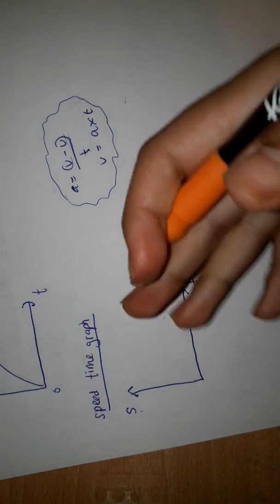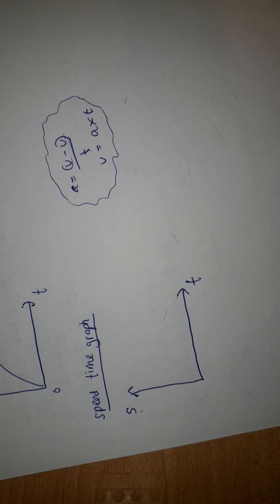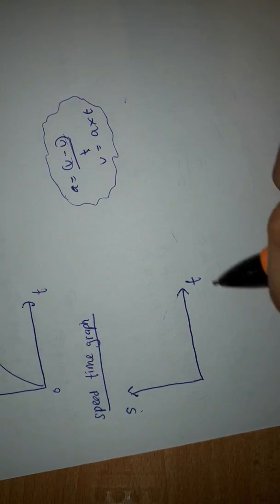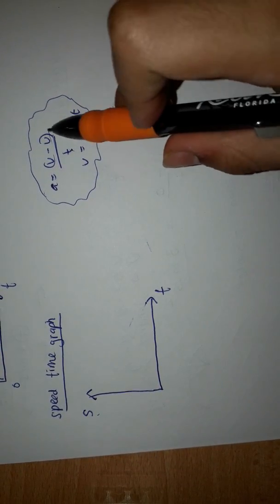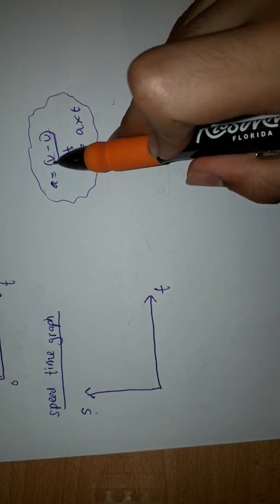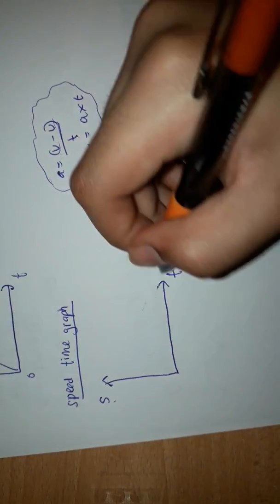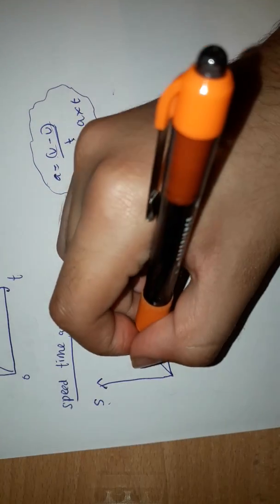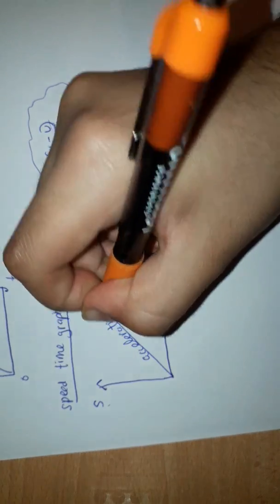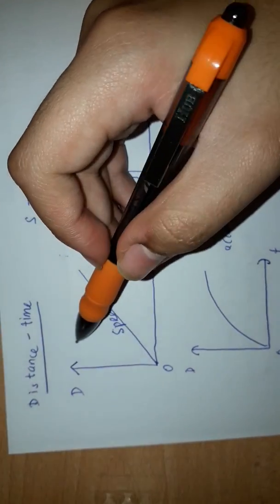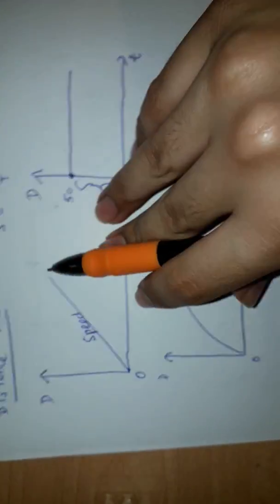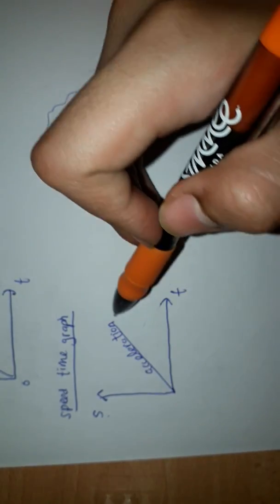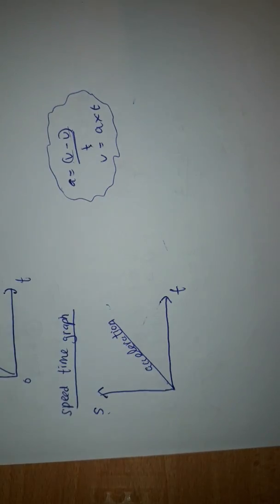Speed is just the magnitude, velocity is with the direction, so it's a vector. But essentially they both have the same magnitude. So speed, or velocity, by time is going to give you acceleration. So my gradient in a speed time graph is going to give me acceleration. So in a distance time graph, distance by time gives you speed, so the gradient is equal to the speed. In a speed time graph, speed by time is acceleration, so my gradient is acceleration.